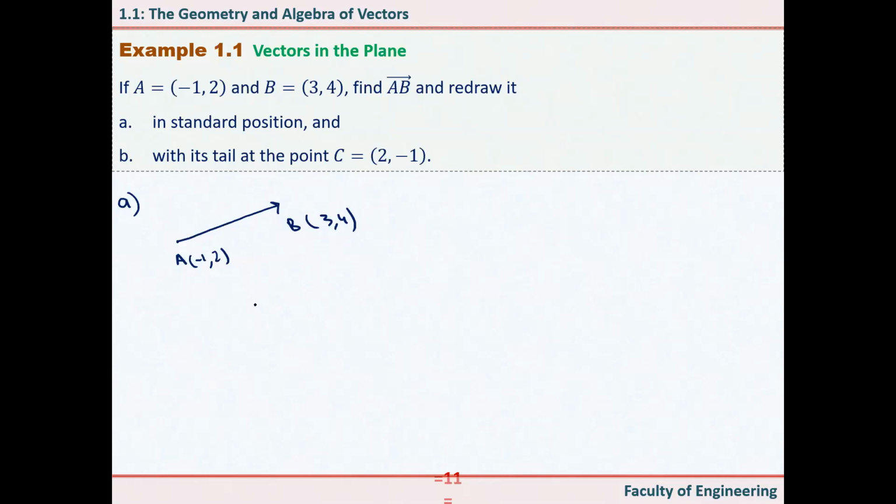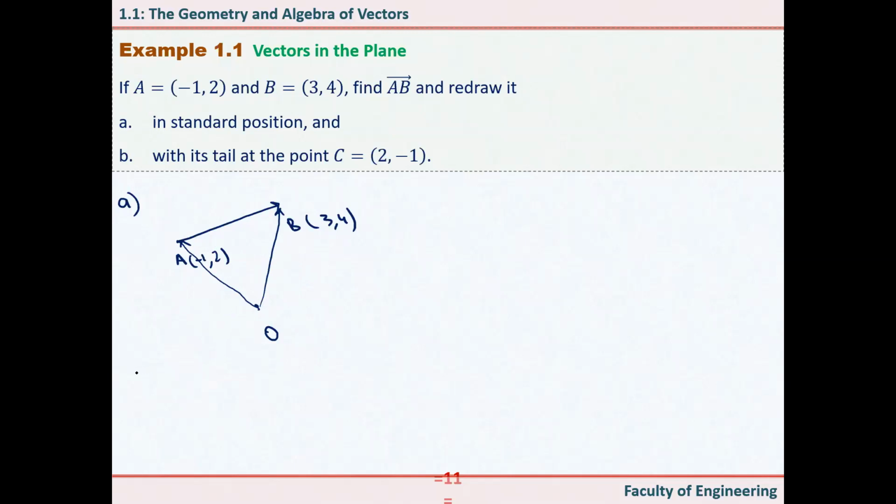How do you find this? If this one is our origin, let's say, and you form new vectors here, that one is OA, and this one is OB, right? And we know that moving from A to B is the same as moving from A to O to B. It is the triangular addition of two vectors.